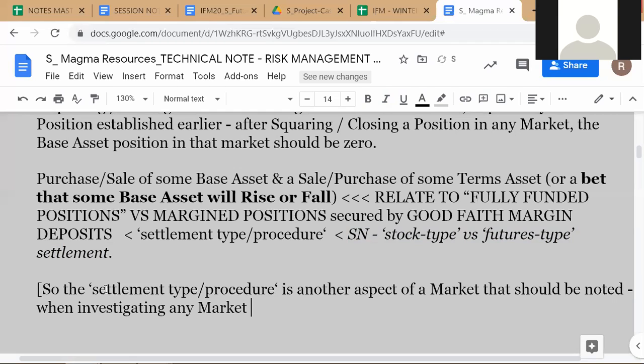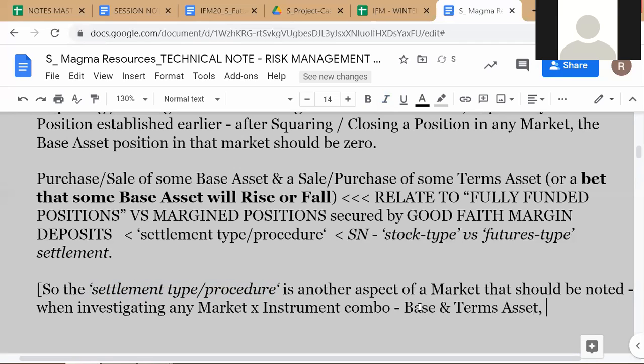Market instrument combo, along with which settlement type of procedure is one aspect of the market, and then of course you have to look at base and terms asset.